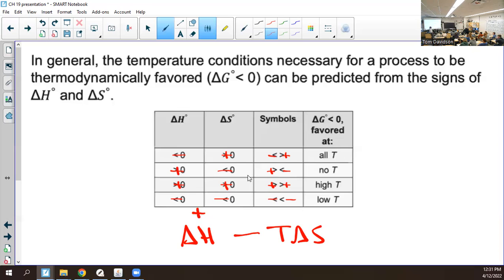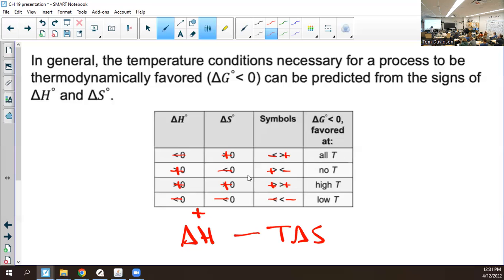The answer here will be positive as long as that is smaller than that, right? Which means if the temperature is small, then we're going to be fine. So if it gets high, though, that's when we get the negative value. And so when we have the positive, it's spontaneous at high temperatures, because this term has to exceed that term.